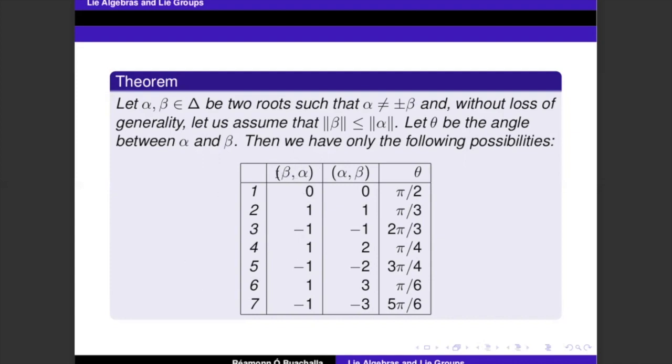Sorry, there's a slight mistake here as well. This should actually be the square bracket. So if I have alpha and beta, then the bracket of alpha and beta is equal to this magic formula again.